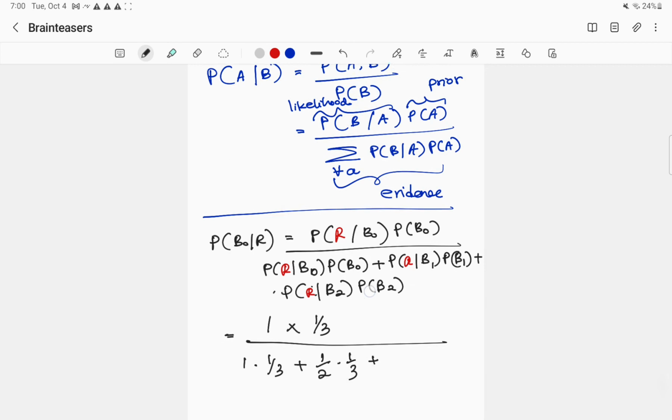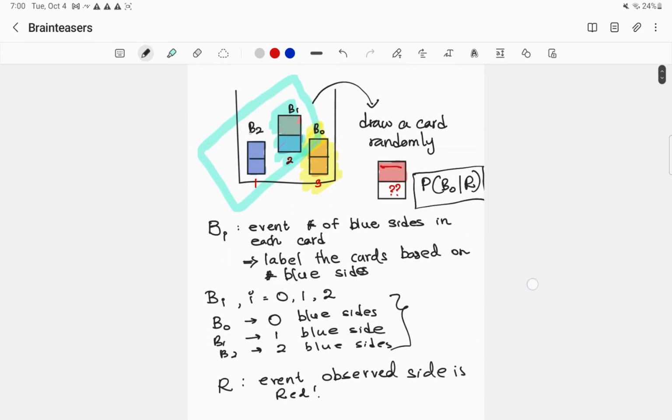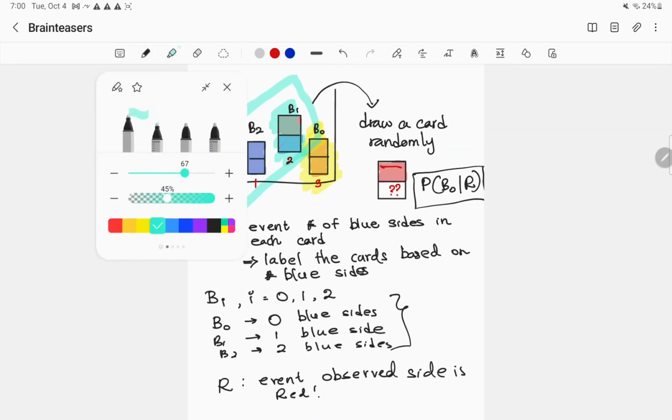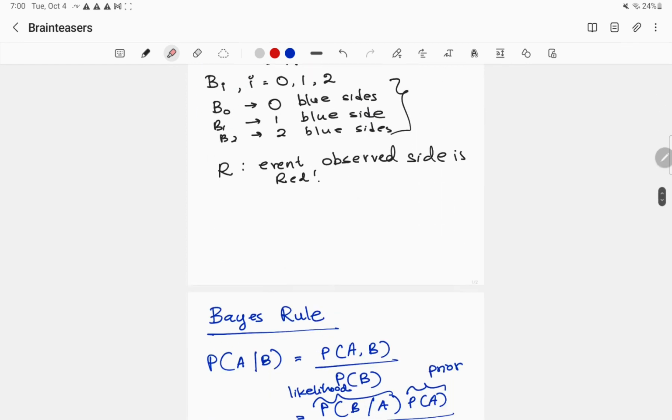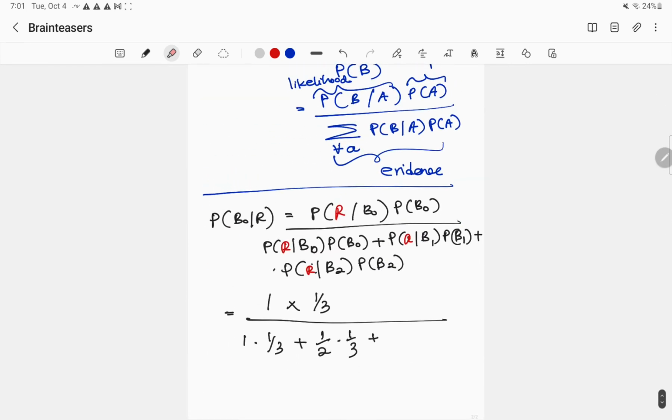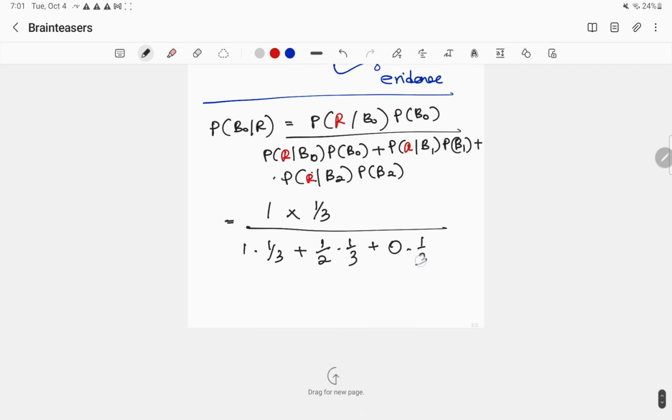That cannot happen, right? Having two sides blue means this card only, and the probability for the other side to become red should be 0 because there's no third side. And then comes the probability of B2, which is 1/3.